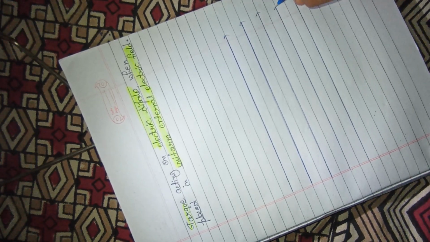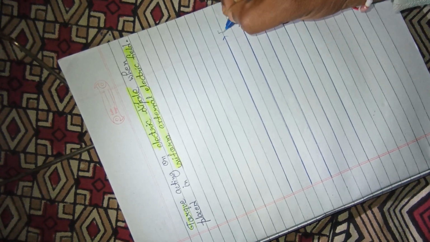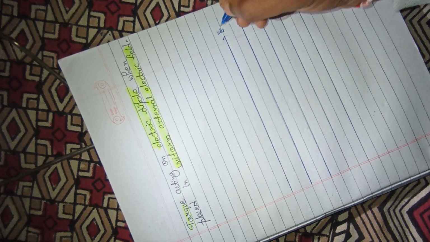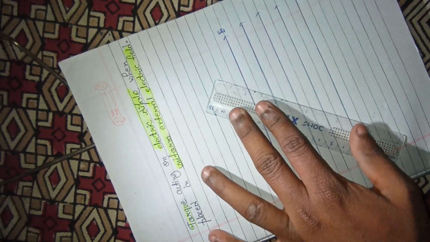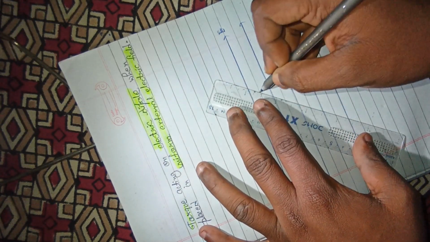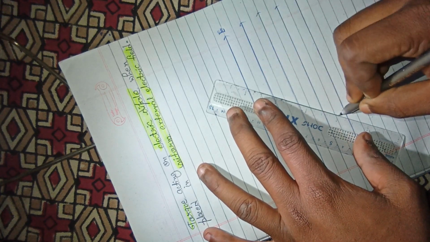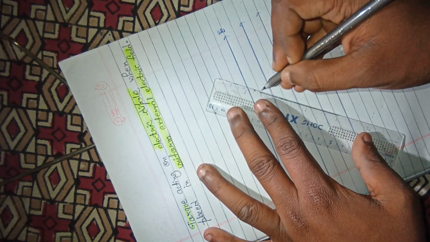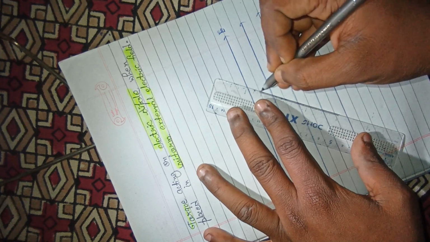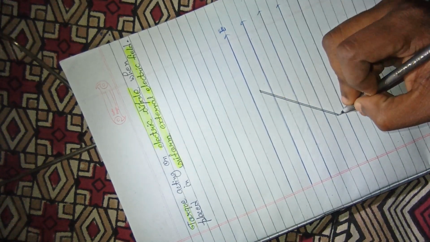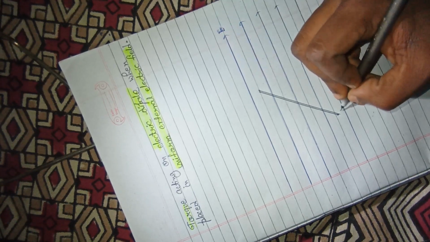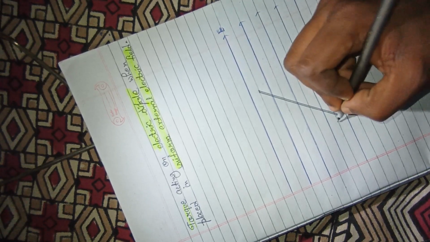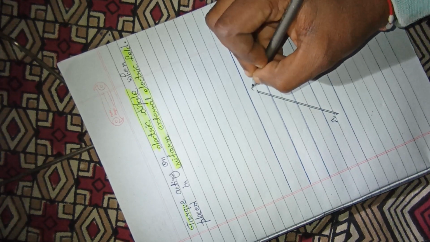Now let's say we have a dipole like this. Let's say this is our dipole. This is minus q and this is plus q. We will write here, this is minus q and this is plus q.